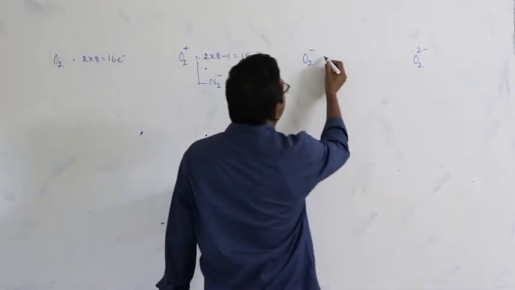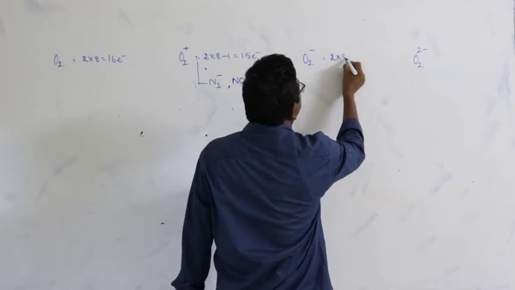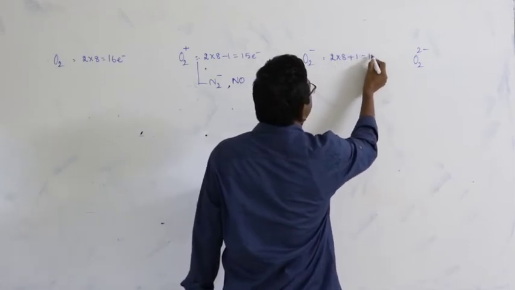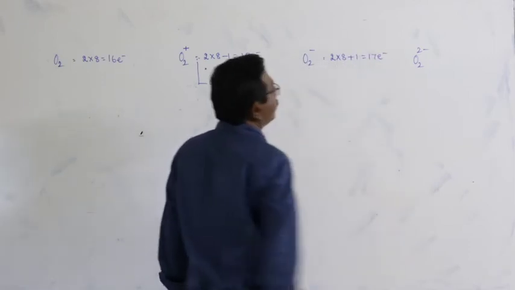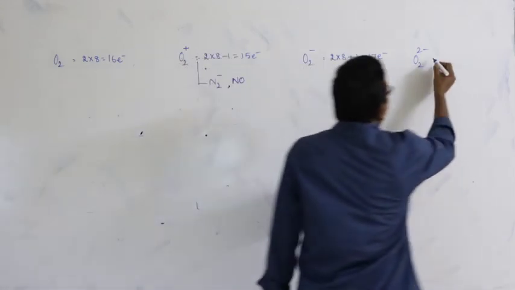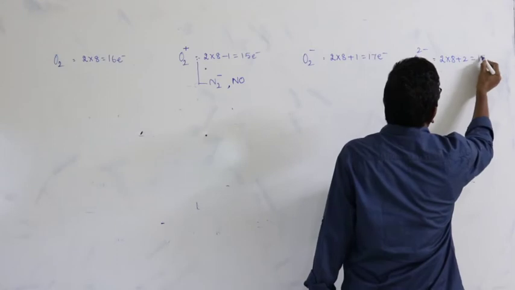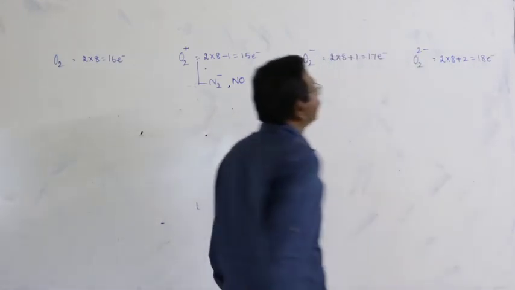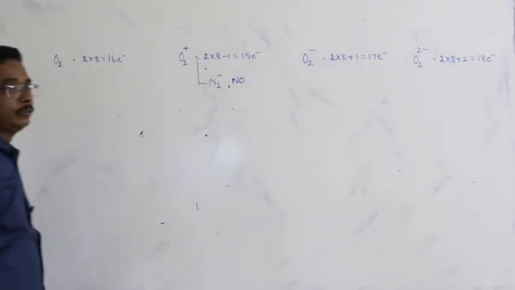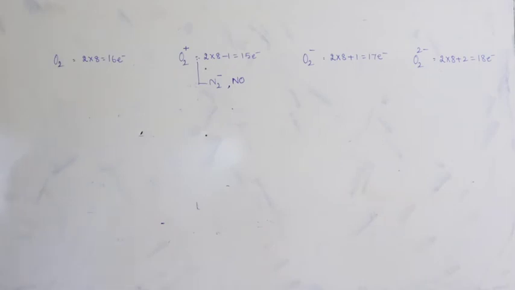Okay. Next O2 minus: 2 into 8 plus 1, that is equal to 17 electron system. And 2 into 8 plus 2, that is equal to 18 electron system.